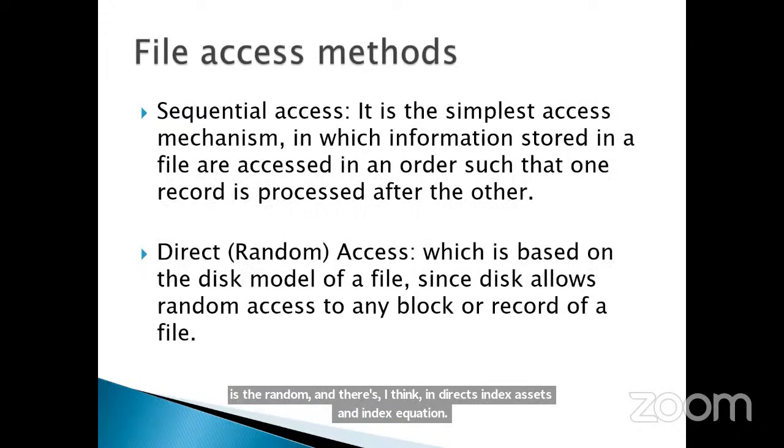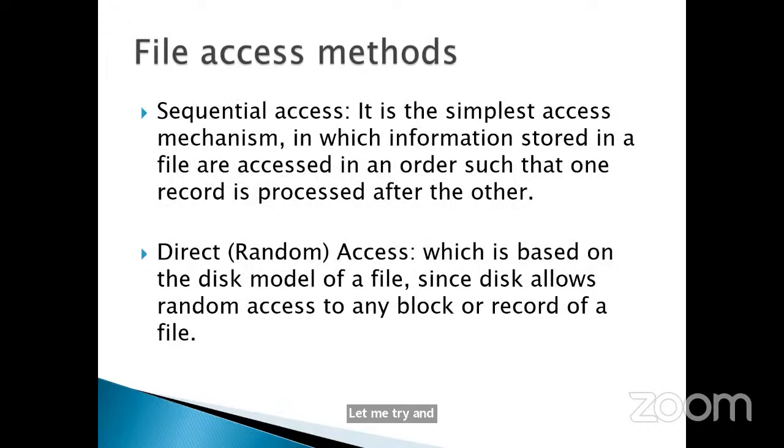Sequential is just the order. If I have 1 to 10 records, and I want to access the 10th record, in the case of sequential access, I have to start from the beginning. So I will go to 1, 2, 3. So, in sequence, I'll follow that mechanism until I get to 10.